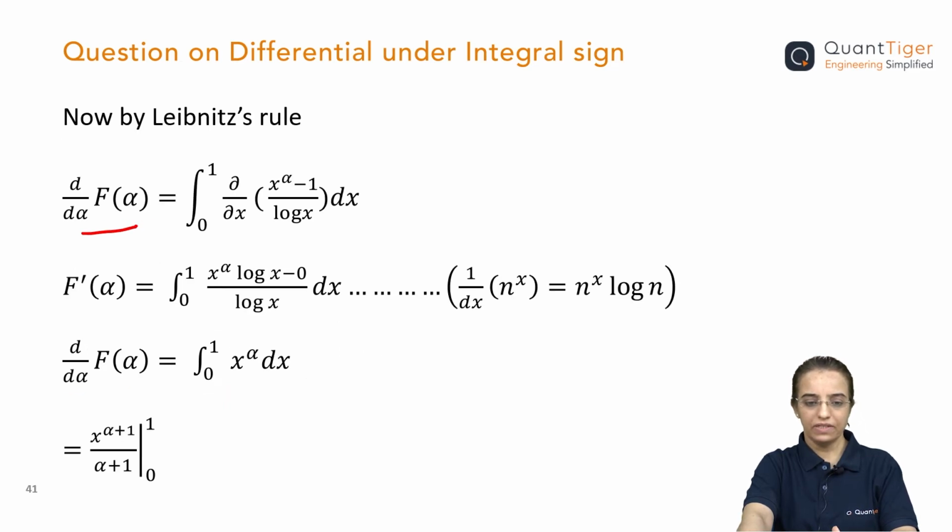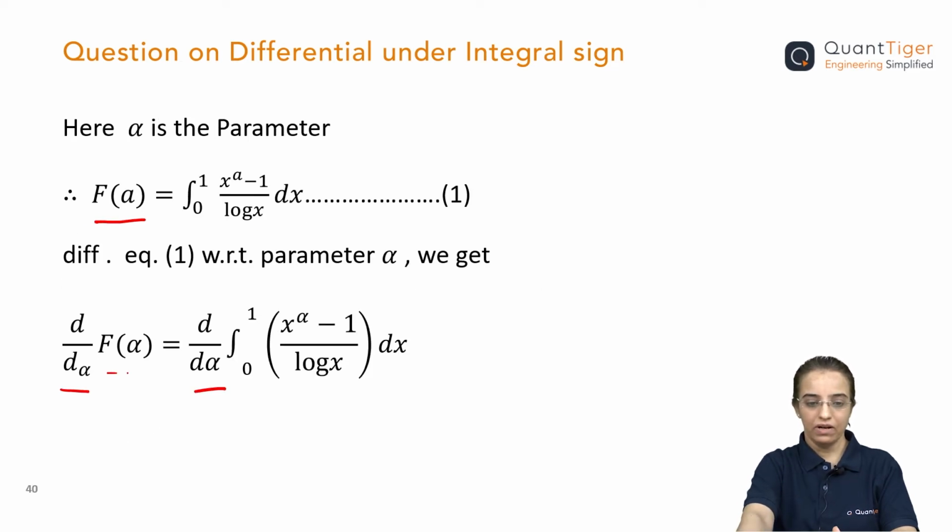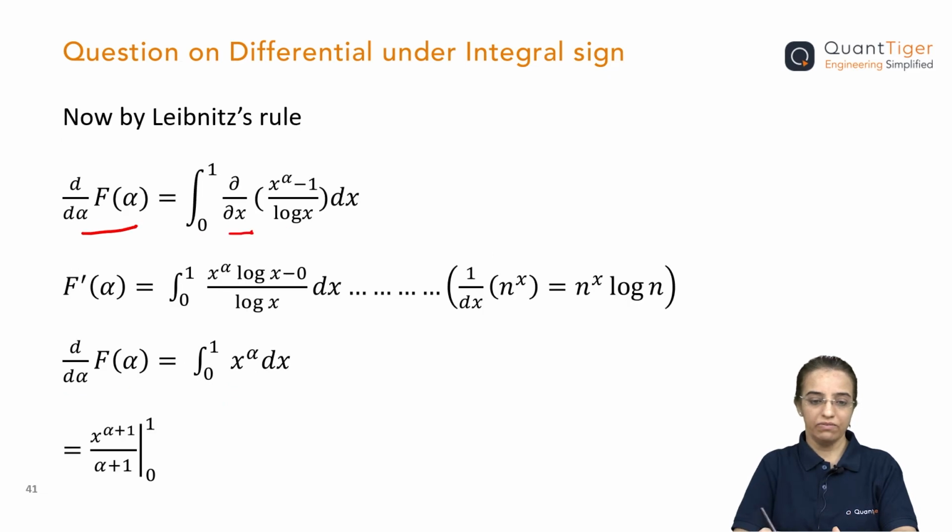So we have shifted this inside the integration sign, which is del by del x of the same function which is given in the question. This is the given function, right? And we have shifted that inside the integration sign.